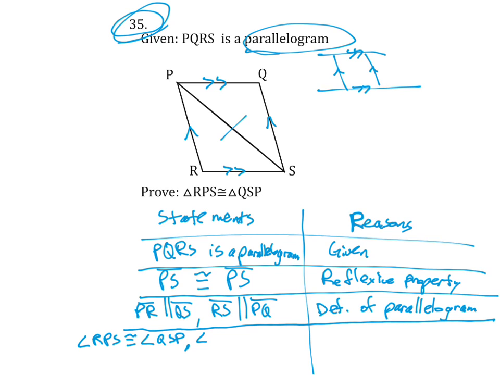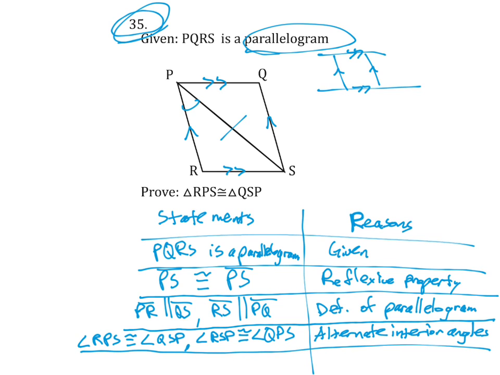Angle RSP is congruent to angle QPS. And that's these two. So RSP, QPS are those two. And that's because they are alternate interior angles. I'll just make sure I write out all the words for you.